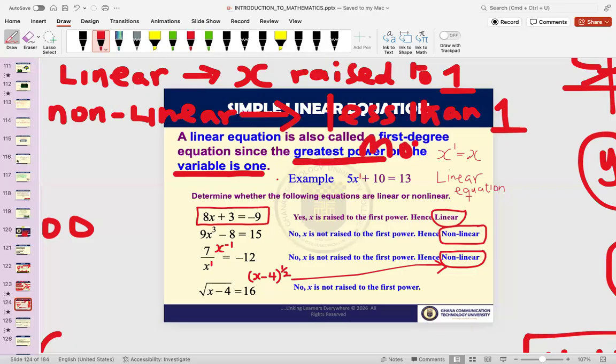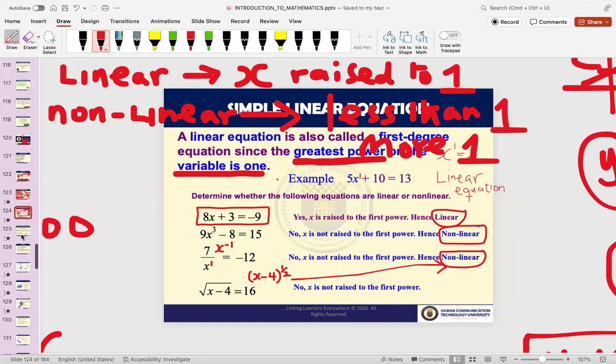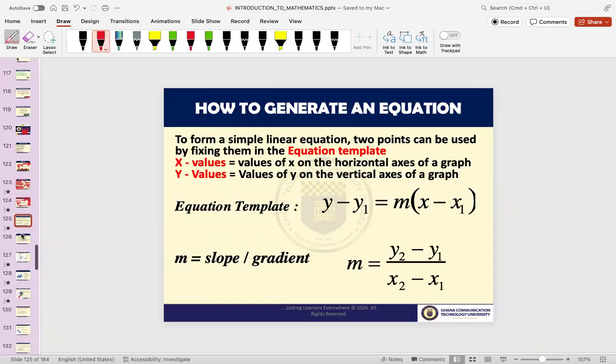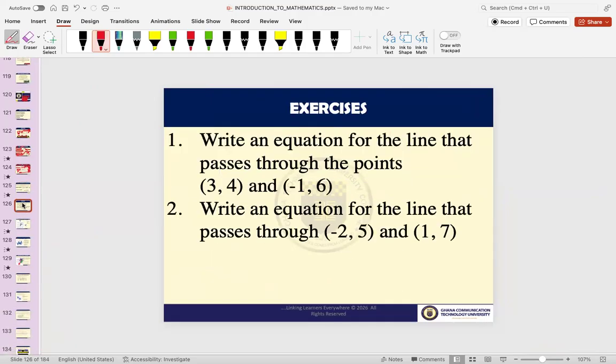It makes it a non-linear equation. Right? So let's see how we can generate the equations that we have learned today.